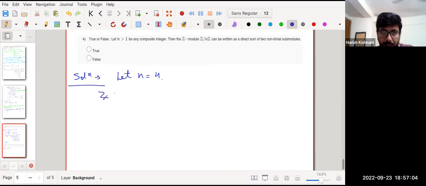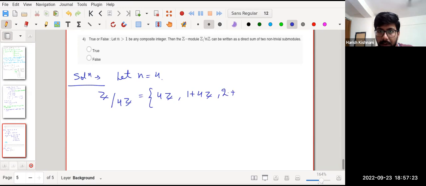Then what is Z modulo 4Z? It has 4 elements, and those 4 elements are the cosets of 4Z. One coset is 4Z itself, then you have 1 plus 4Z, then 2 plus 4Z, and then 3 plus 4Z.